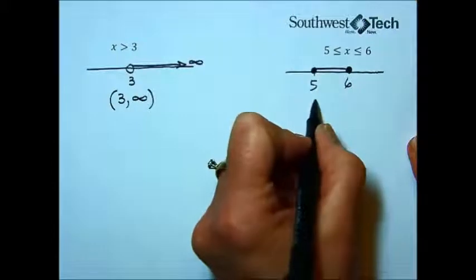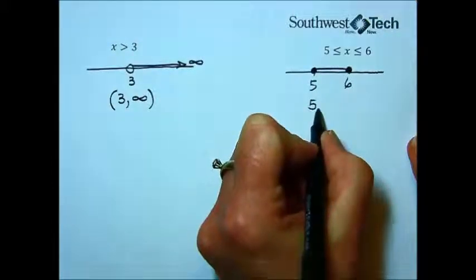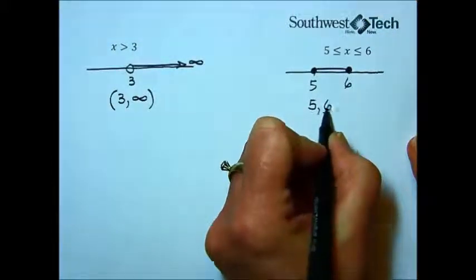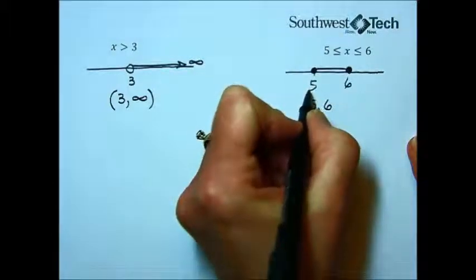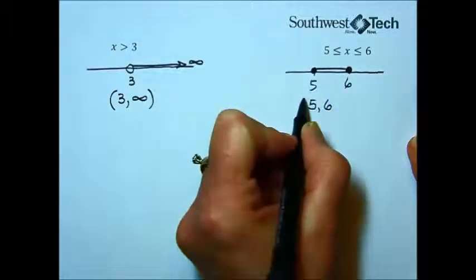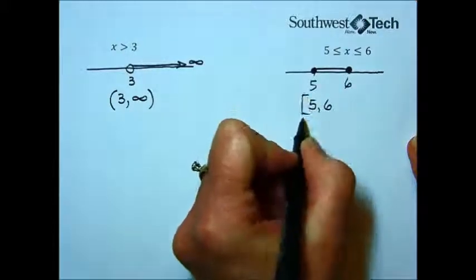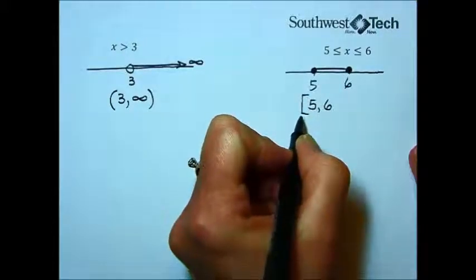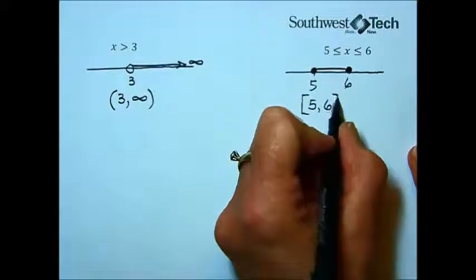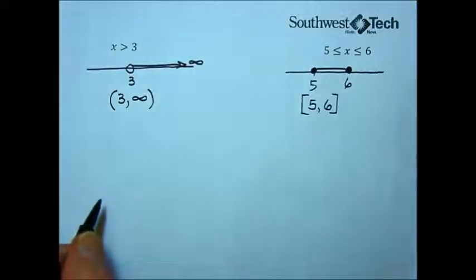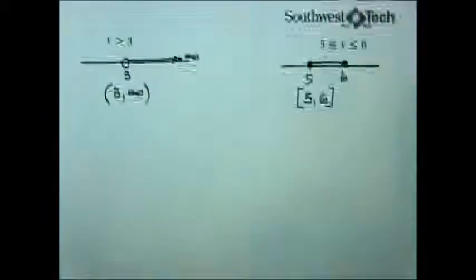Interval notation, again, you put your smallest value on the left, largest value on the right. This time, because we are including the 5, it is a closed interval. We use a bracket to represent that, and same with 6, we are including the 6 with that as well.